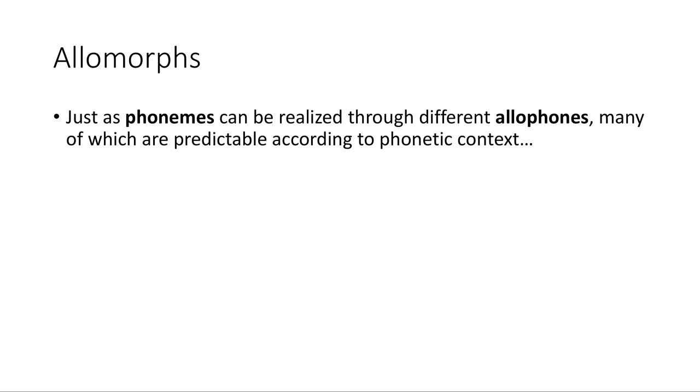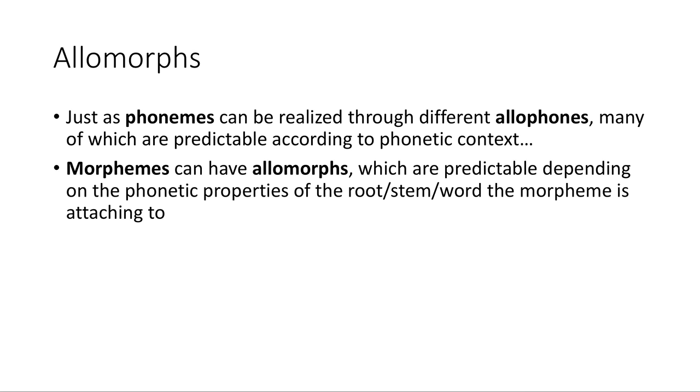Much of allophonic variation is predictable, and we know when one allophone is going to occur versus another based on the phonetic context of the phoneme. One example of that was the English nasalization rule, where vowels become nasalized before nasal consonants. Well, this is also true for the expression of morphemes.